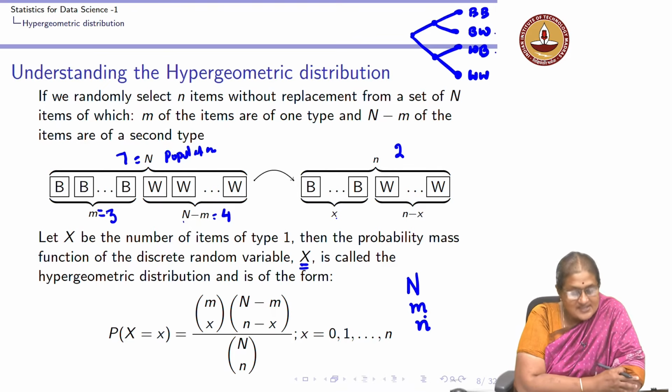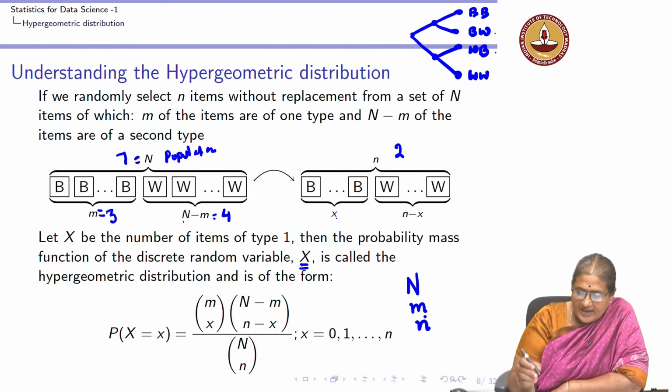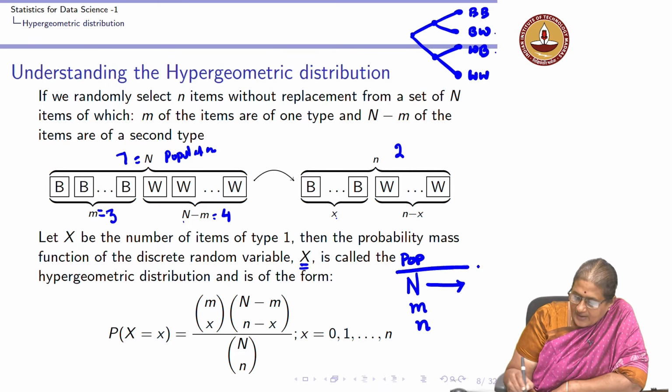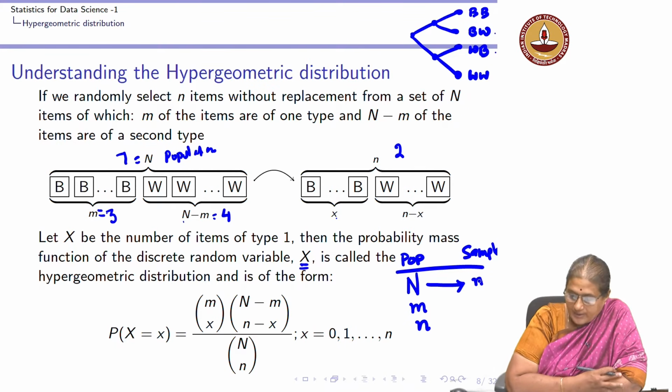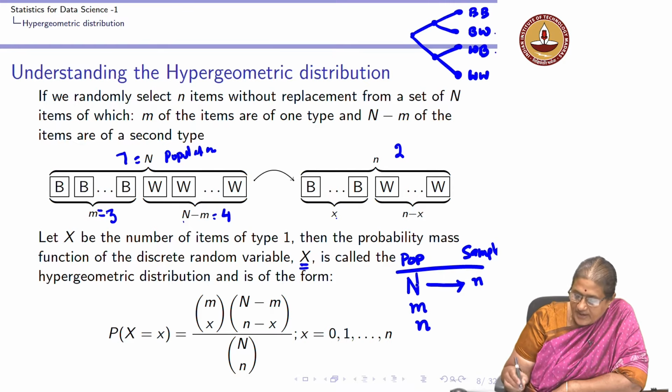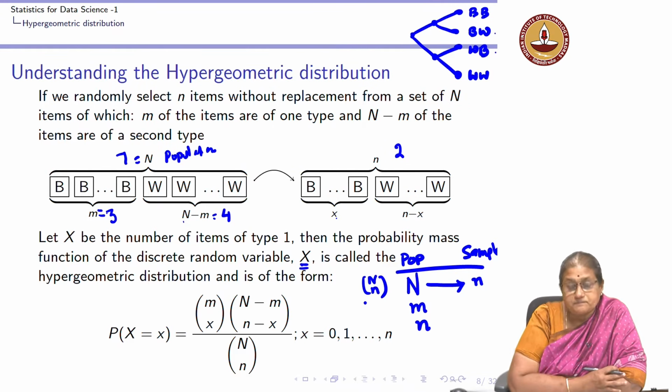So, in this case, I want to know the probability of X equal to x. The first thing I am doing is sampling; this is my population, this is my sample. I am sampling from this population of size N, taking a sample of size small n. And I know this can be achieved in N choose n ways.